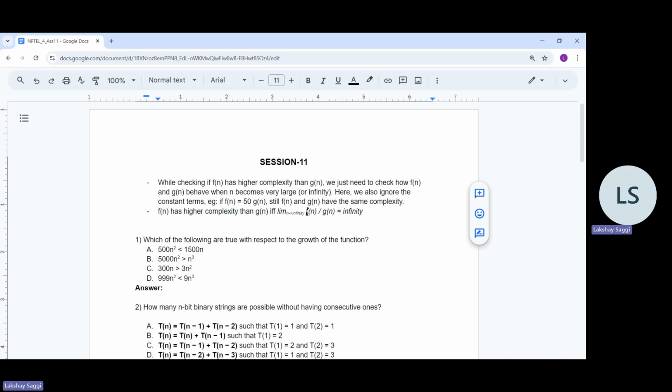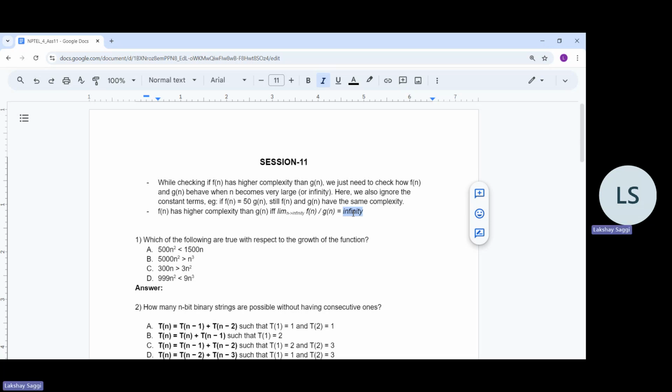So for this function f of n by g of n, when n tends to infinity, if this becomes infinity, then we say that f of n has higher complexity. If this becomes a constant, then we'll say that f of n and g of n have the same complexity. And if this becomes zero, suppose the limit as n tends to infinity of f of n by g of n becomes zero, then we can say that g of n by f of n actually becomes infinity.